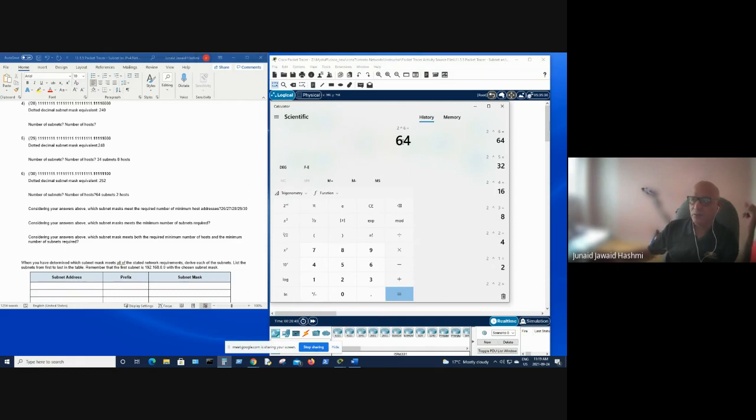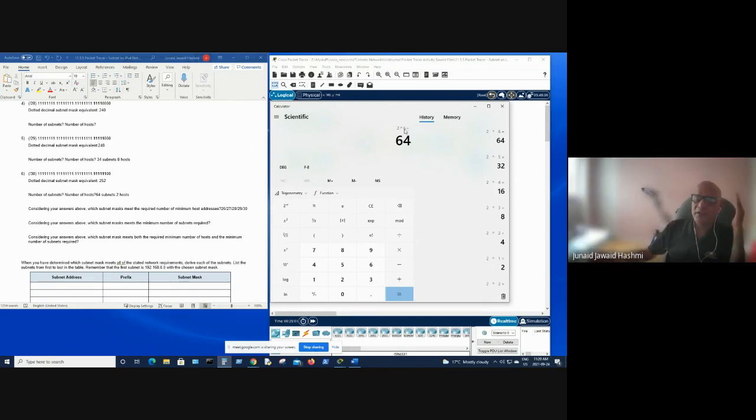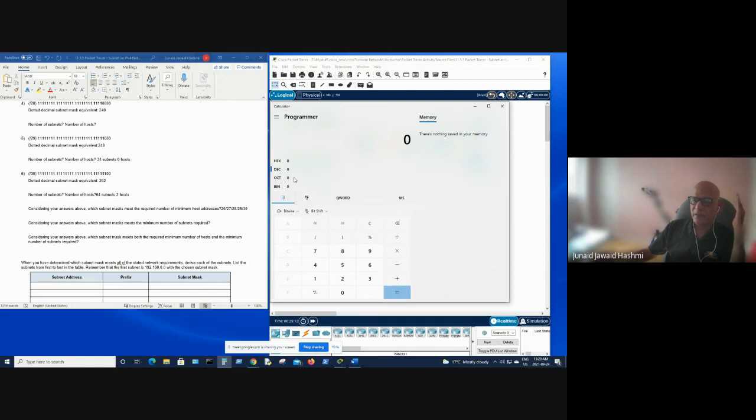Considering your answer, which subnet must meet the minimum number of subnets required? So now we have to come up with the subnet mask. How many bits did we borrow here? 6, right? So what we're going to do is convert that into decimal. We go to the scientific, I think programmer, calculator, and convert that into decimal, and that's going to give us our subnet mask.